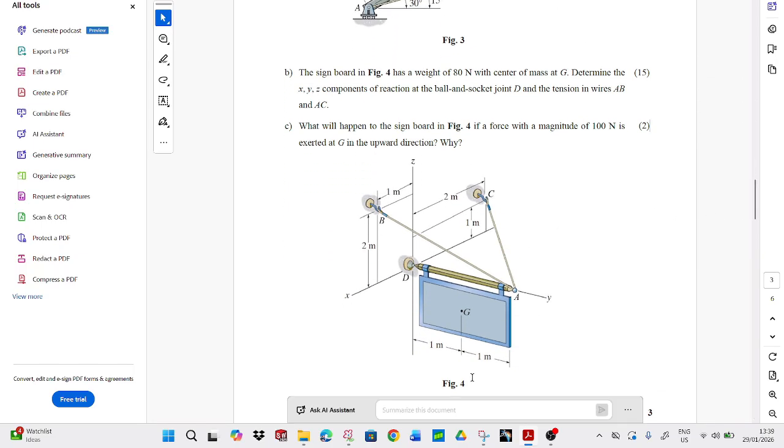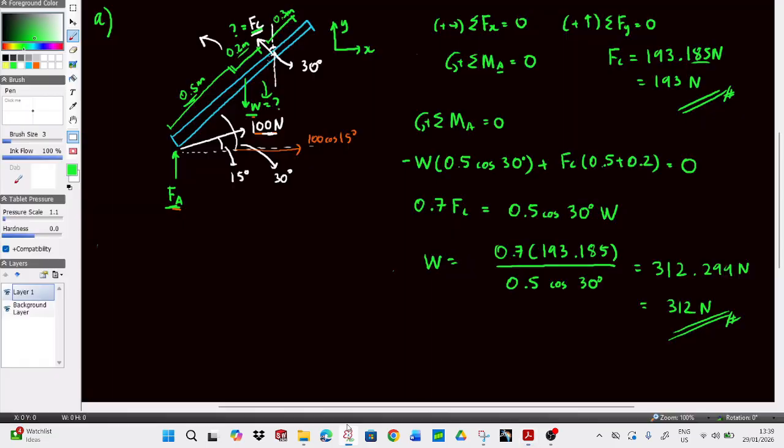Now for your second part, part B, which is a 3D problem, and this can get a little bit tricky, but not to worry. So let's erase this first.